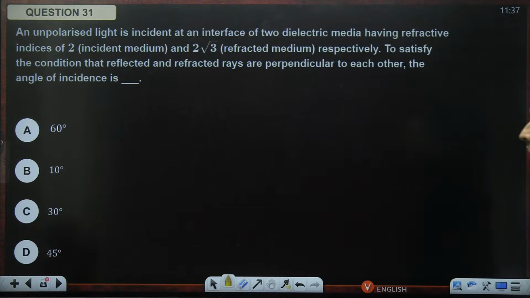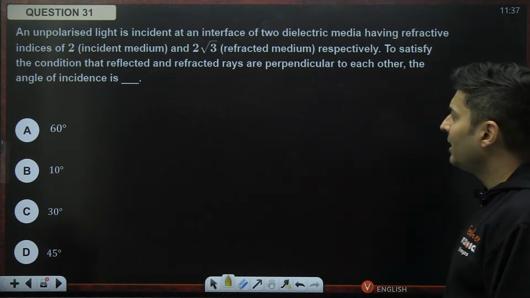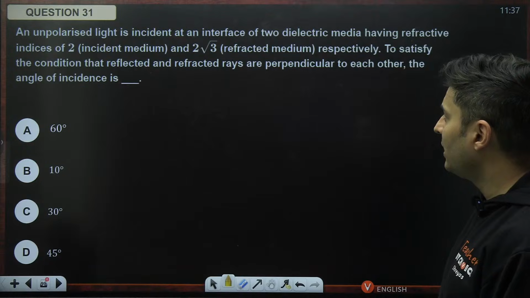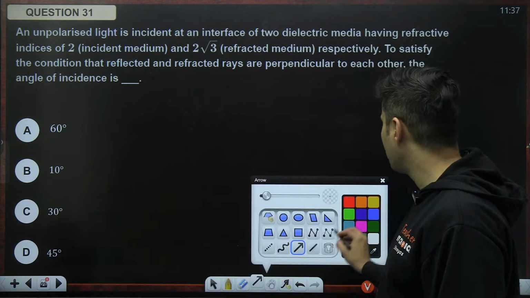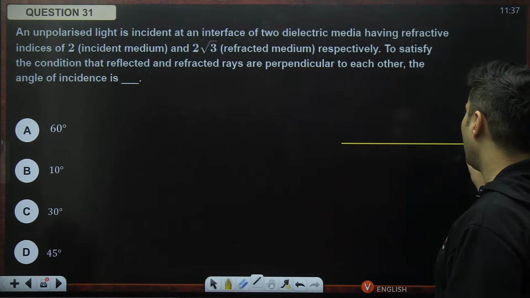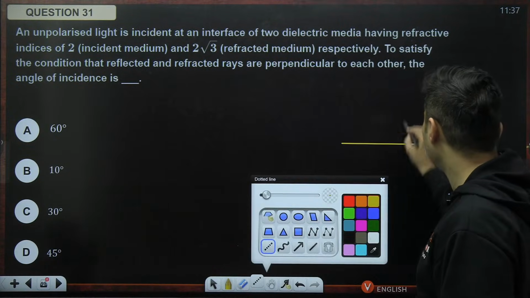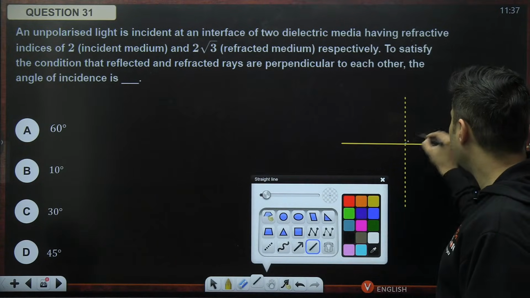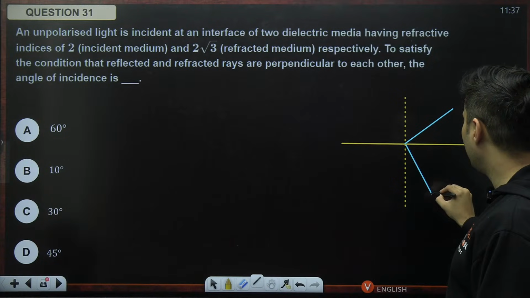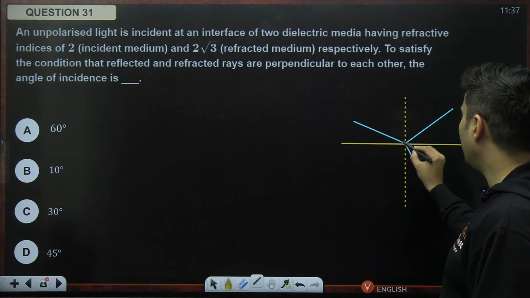Next one. Unpolarized light, refractive indices given. To satisfy the condition that reflected and refracted rays are perpendicular, the angle of incidence is. This condition happens in a very peculiar scenario. So imagine reflected ray and refracted ray both are perpendicular to each other.